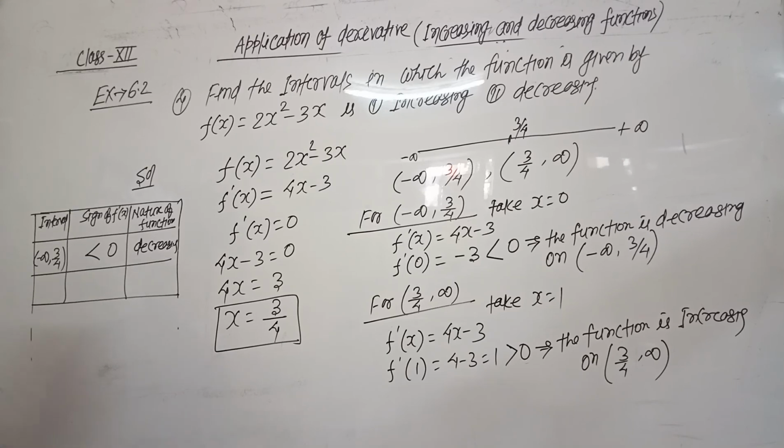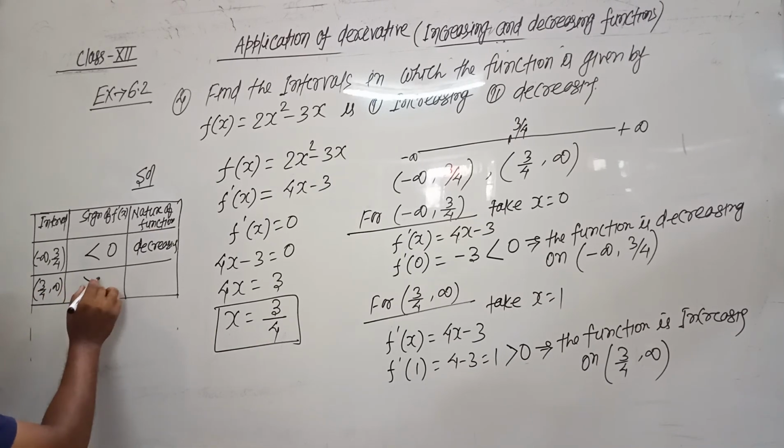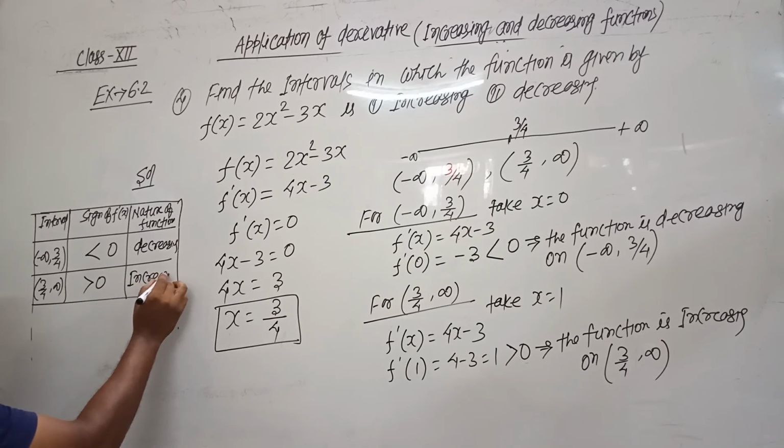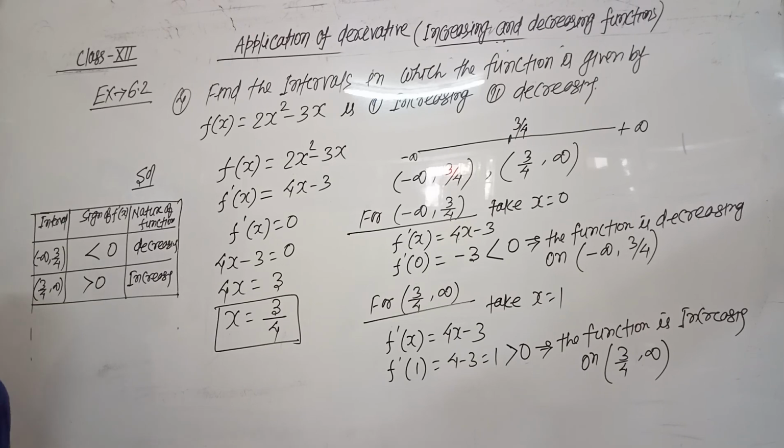The next interval is 3/4 to infinity, the sign is greater than 0, and the nature is increasing. So in every question where you have to find the interval, it is a must to draw the table.